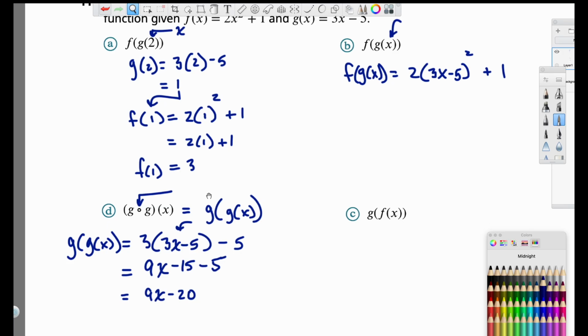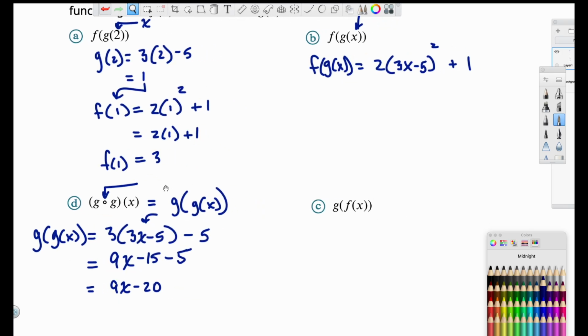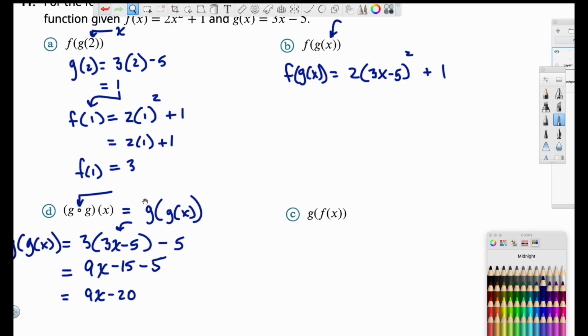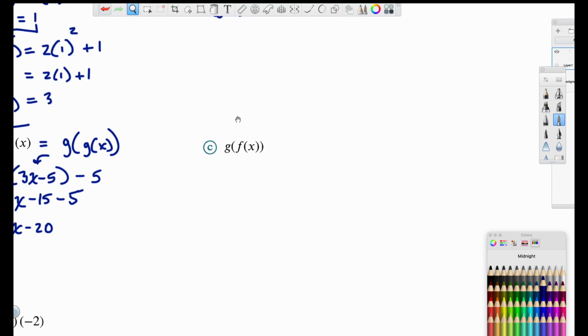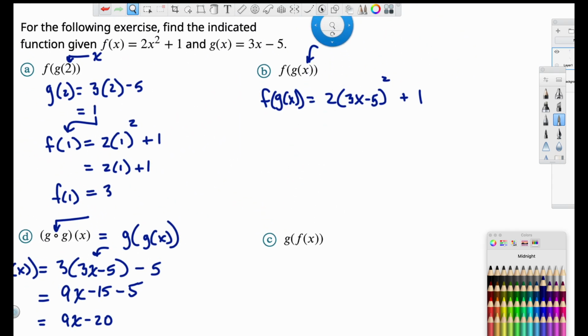I just did D, didn't I? Kind of went out of order. What's this over here? C and then E. Sorry guys. All right, so let's do g of f of x. So I'm going to take the f of x function right here and stick it into the x for the g of x.